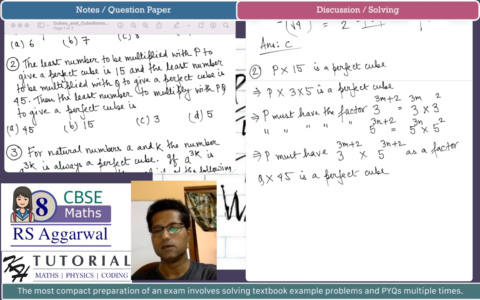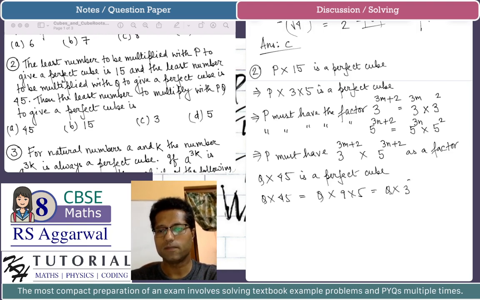So we can say that q multiplied by 45 is a perfect cube. So q multiplied by 45 is nothing but q multiplied by 9 into 5. This is equal to q multiplied by 3 square and 5.